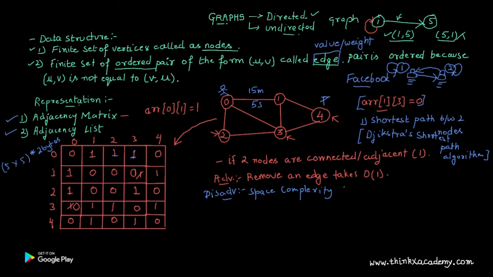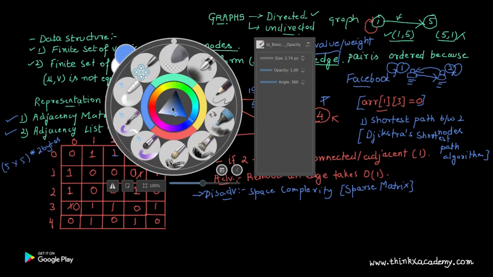This is known as a sparse matrix, which means that most of the space is not occupied, so that's why it's a sparse matrix. We can remove this disadvantage by using an adjacency list. So let's see how we can create an adjacency list to remove this flaw.